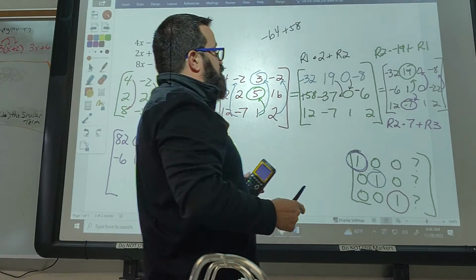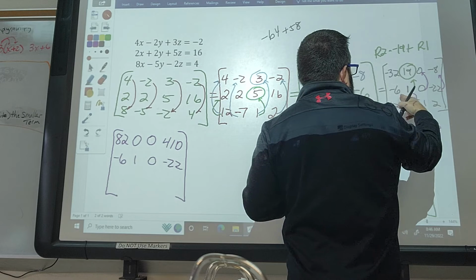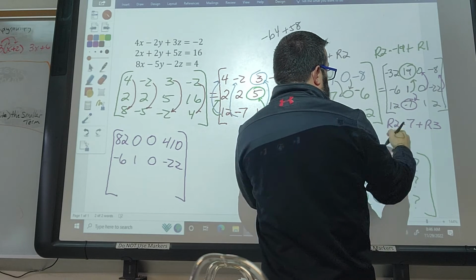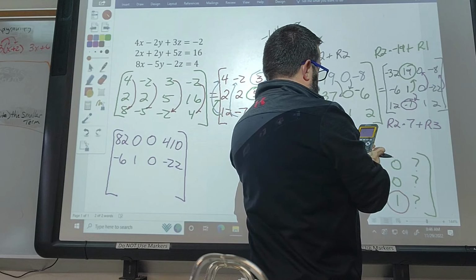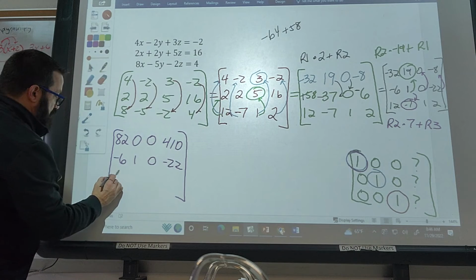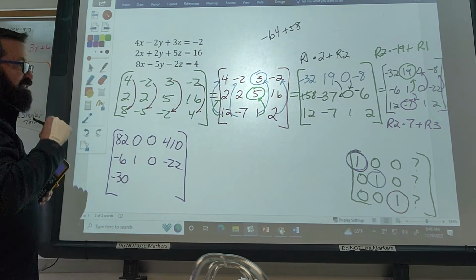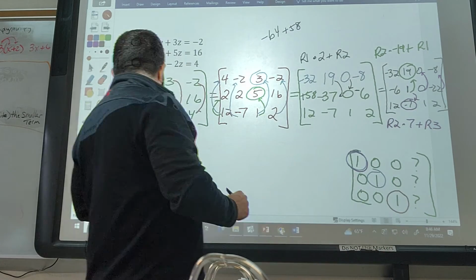So now moving down to this one, I have to take, going this way, negative 6 times 7, and then plus 12, comes out to be a negative 30. One times 7 plus negative 7 is going to be a 0.